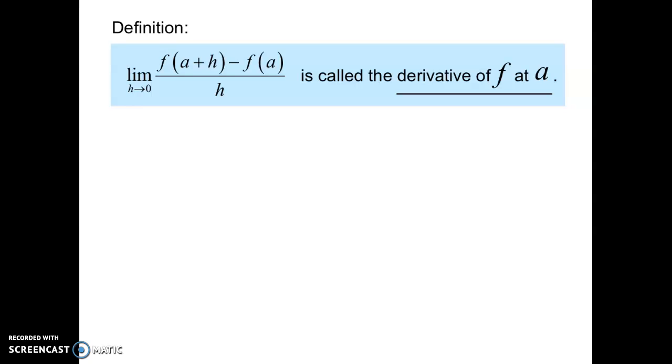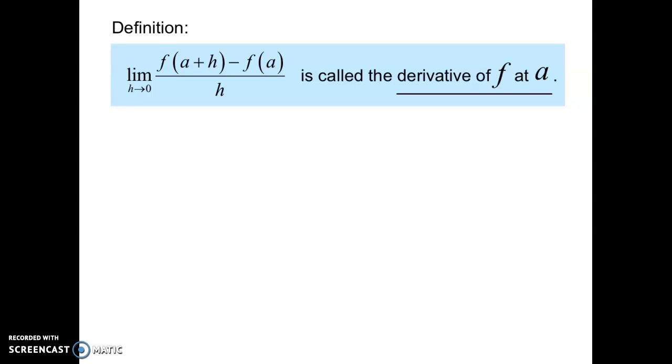So what we're doing here is we're taking the difference quotient, which is the change in the output over the change in the input, or f of a plus h minus f of a over h, where again, h is just a small distance between a and a plus h. And we're looking at this as h gets closer and closer to 0, as the distance between the 2 points at which we're finding the slope is getting closer and closer.